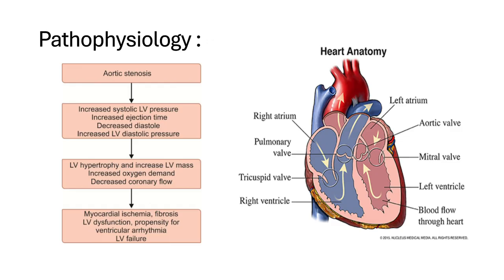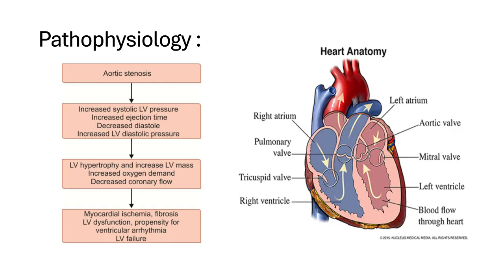Due to that, there will be an increase in the left ventricular oxygen demand and impaired ventricular filling during diastole. Eventually, it will lead to left heart failure. And there will be also a decrease in the coronary flow because there will be an increase in the left ventricular mass, and there will be an increase in oxygen demand and decreased coronary flow.